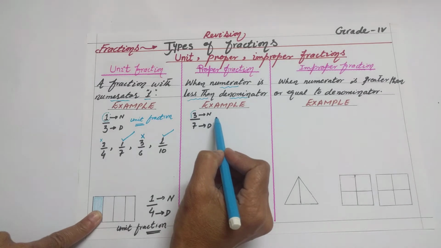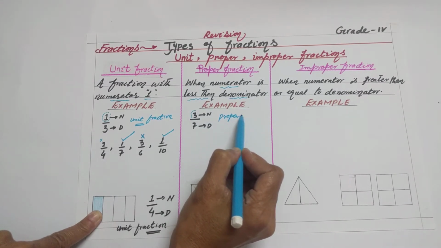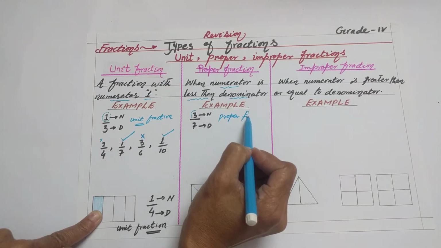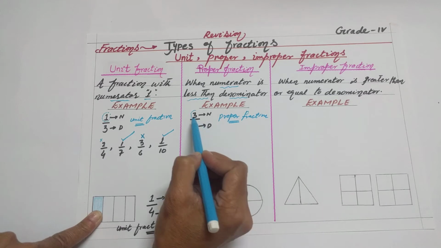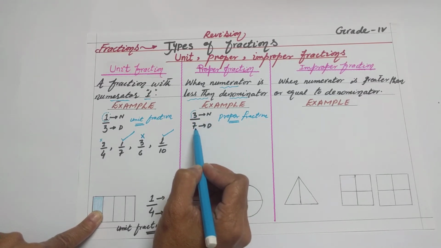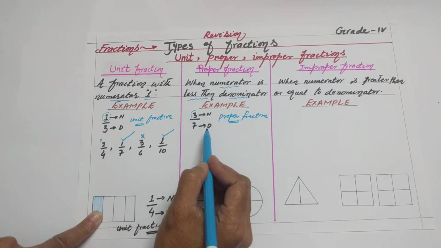It means this is called a proper fraction. Why is 3 by 7 a proper fraction? Because 3 is the numerator and the numerator is less than the denominator. That's why 3 by 7 is a proper fraction.